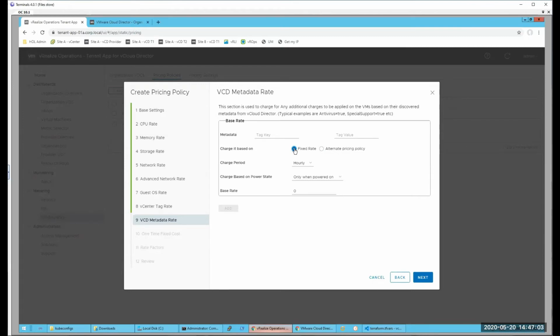In such a case, what we recommend them to do is say SQL server equal to true as your metadata, as and when you are provisioning the VM, and come here and say if metadata SQL server equal to true, add a fixed rate per month of $100. Now this is how you can overload your software charges of the VM and then expose it to your consumers, that being the simplest case.